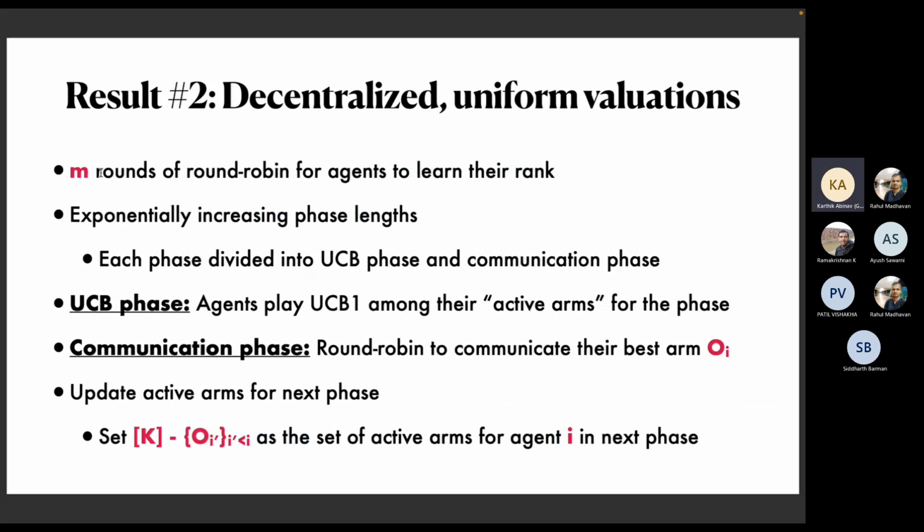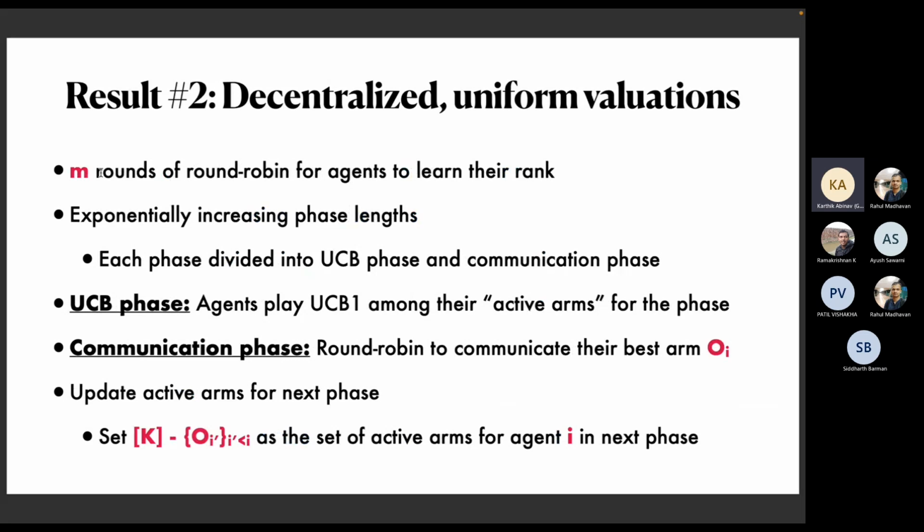Then the next part is where this exponentially increasing phase algorithm is happening. As I said, within each phase you have a notion of active arms. That notion of active arms is essentially: in the previous phase, for agent I, all agents ranked above it, 1 to I minus 1, communicated each of their best arms in that phase.